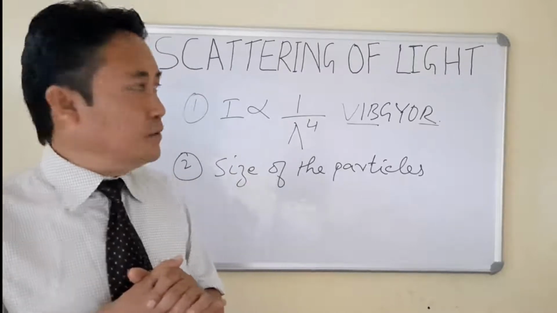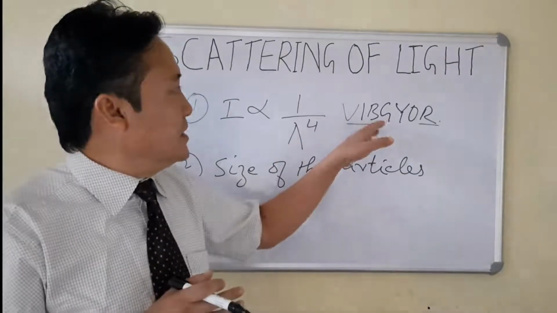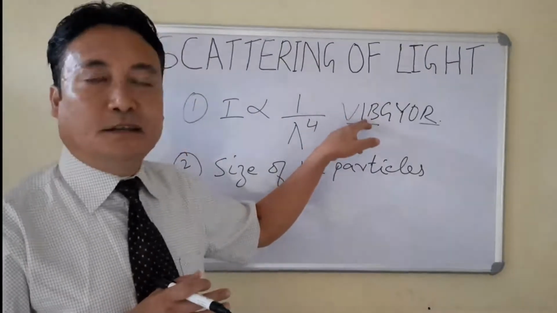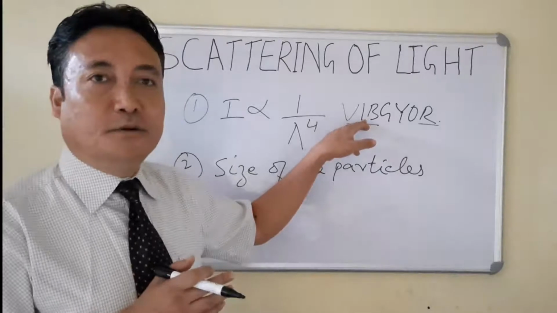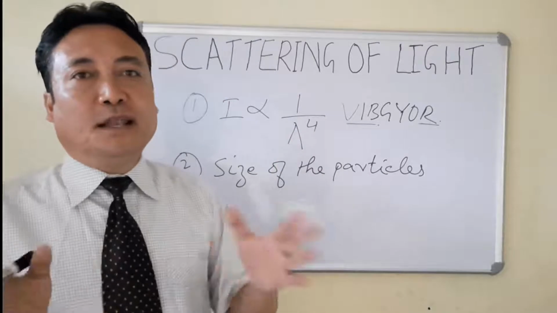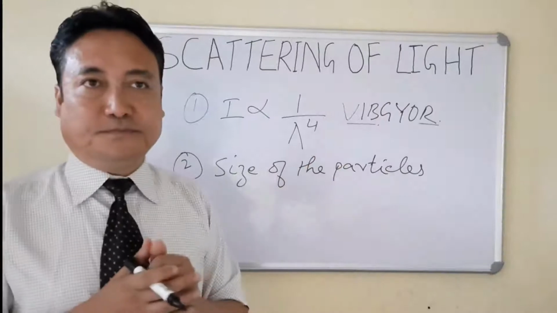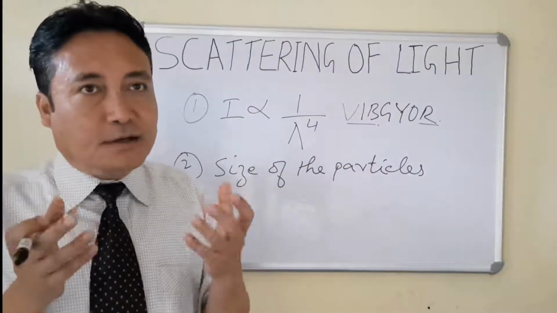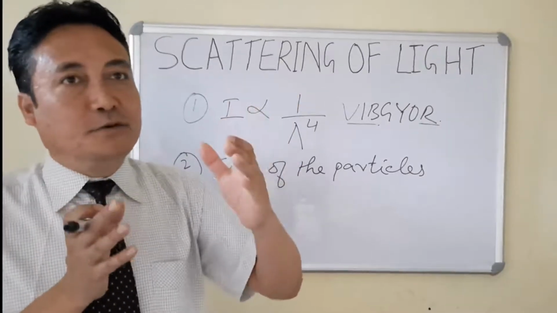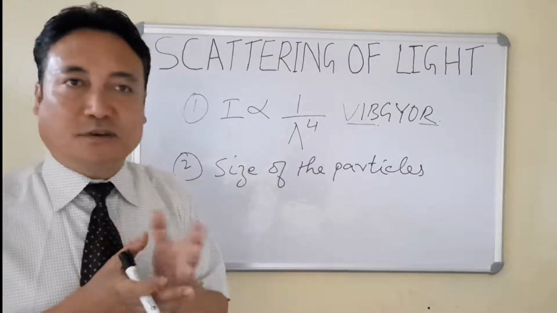So violet, indigo, blue, then green. Violet has the least wavelength, then a little longer wavelength is indigo, likewise blue, then green. So almost all the light from the sun gets scattered, especially the violet, indigo and blue, much more than the other light rays, because they have a shorter wavelength.